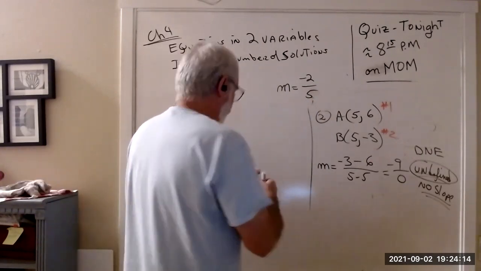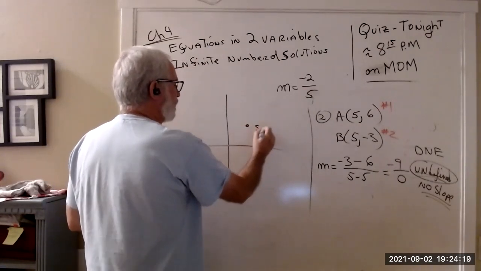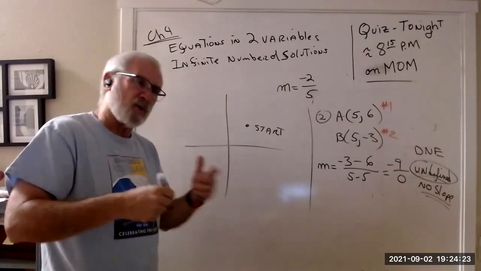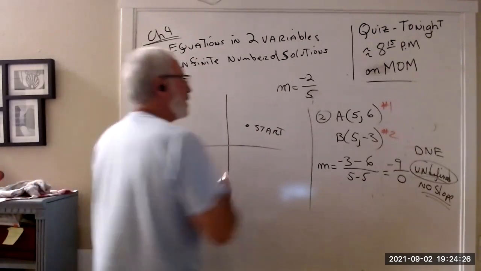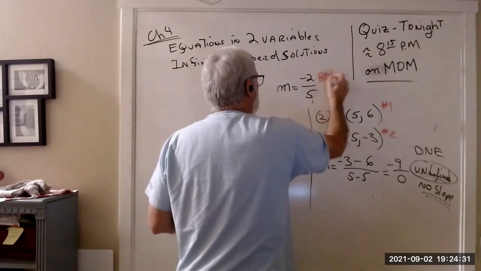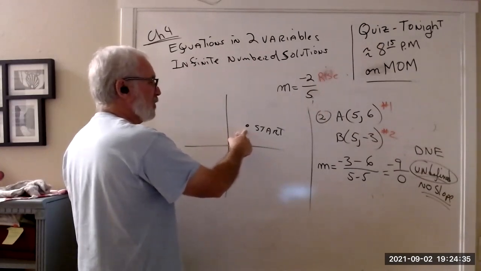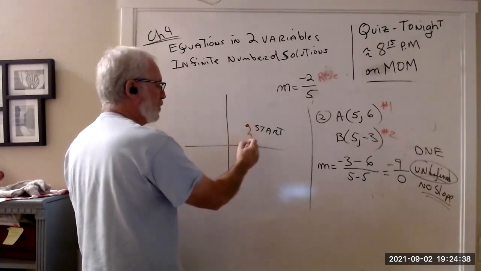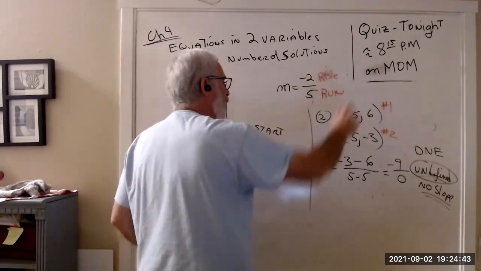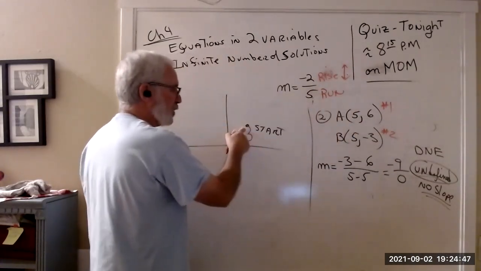Well, what that says is, let's start here, and I just made this point up as a starting point. In a minute, I'll be more specific. This says I want to rise -2. If you start there, how do you technically rise -2? You go down 2. And I want to run. Run means horizontal. Rise means go up and down from your starting point, wherever that is.